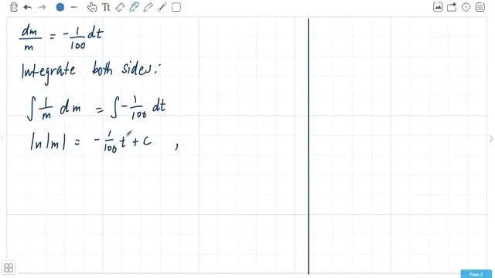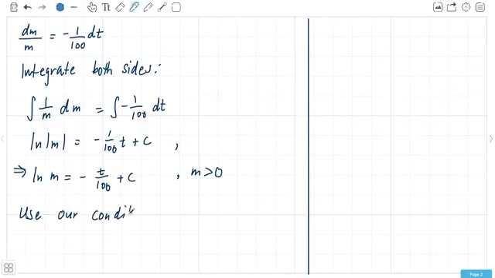Now we know that m is an amount of sugar, so because m is always going to be bigger than 0, we can get rid of the modulus signs, and I'm just going to write that as t on 100. Okay. Now what we can do is use our initial condition.